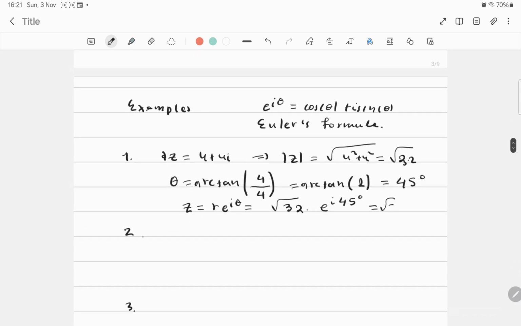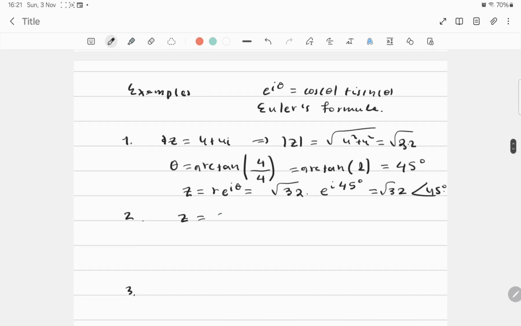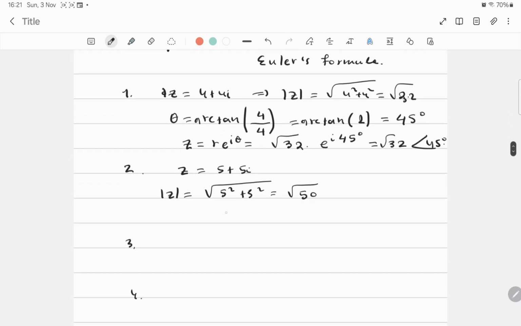Or we can write square root of 32 angle 45 degrees. The second one, z equals 5 plus 5i. The modulus of z equals the square root of 5 squared plus 5 squared, which is square root of 50.